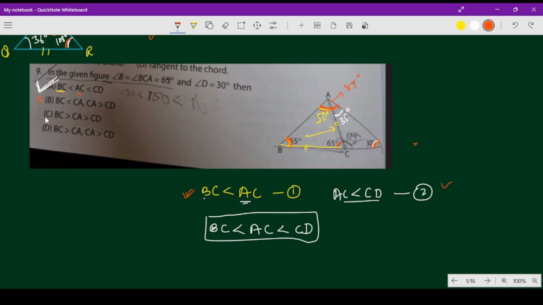Option C says BC is bigger than AC, but we are getting BC less than AC, so option C is also incorrect. Now option D, BC greater than CA, which is not correct, already we evaluated with the help of triangle inequality that BC is less than AC, so this option is also incorrect. Only correct option is option A.